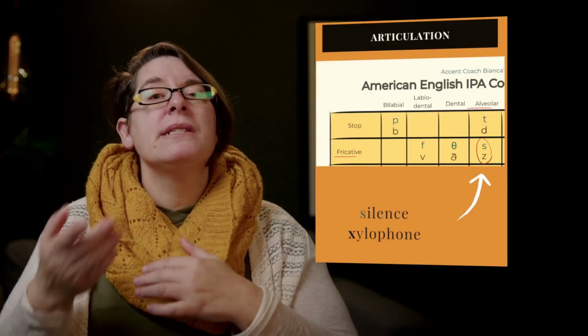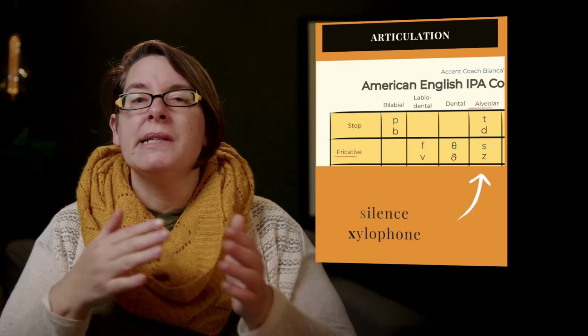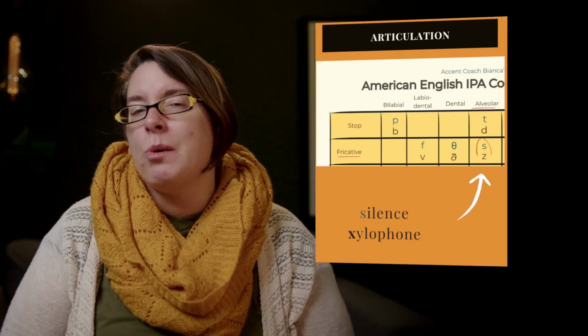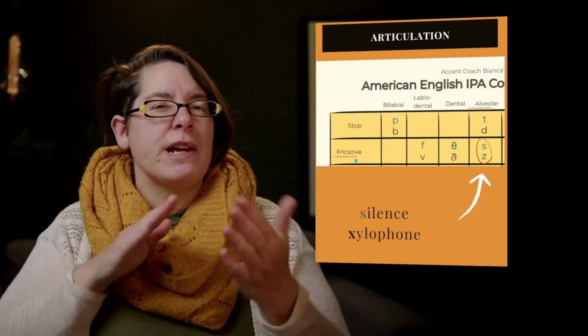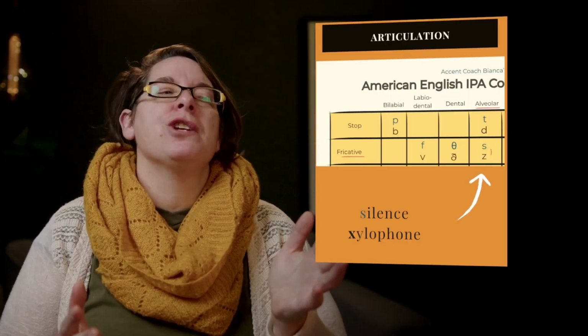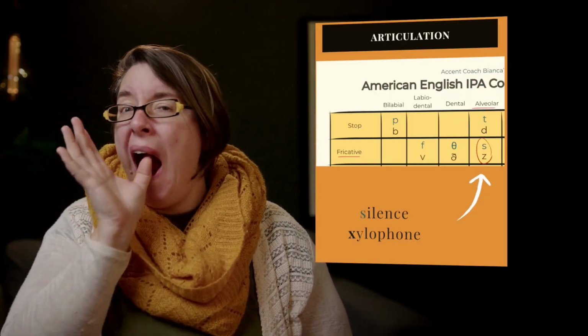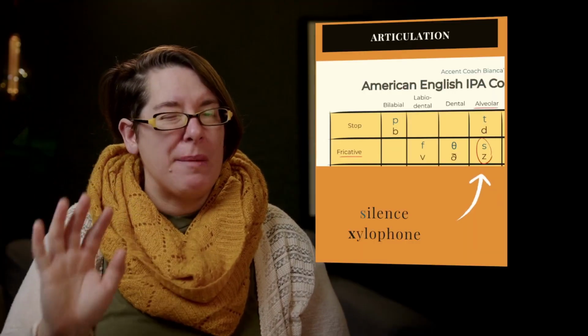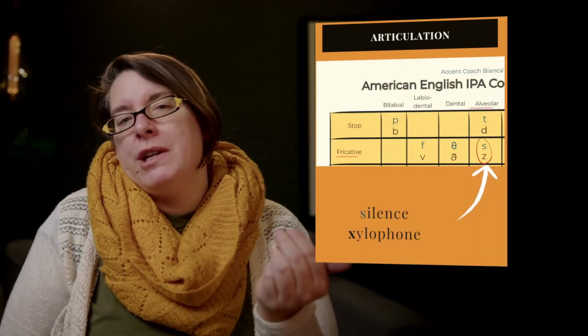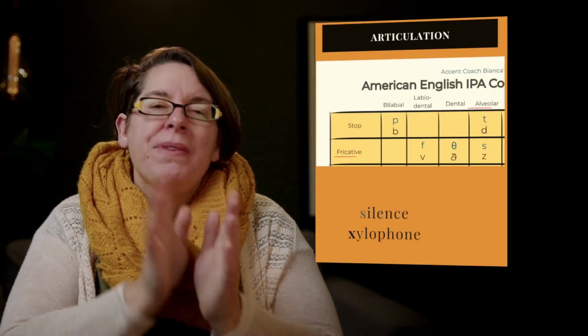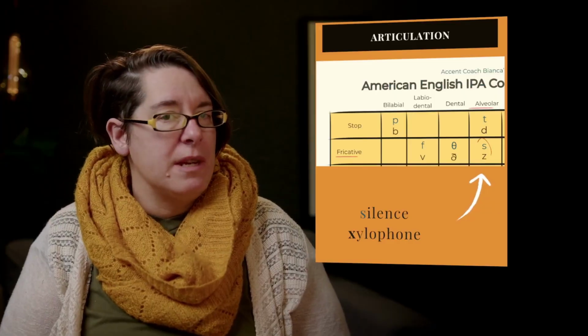Voiced, zzz, like buzz, like a mosquito or a bee. We're creating friction. And where are we creating friction? This is called the alveolar ridge, right behind your teeth. You've got like a bump there, that ridge, that bump. We call that the alveolar ridge.